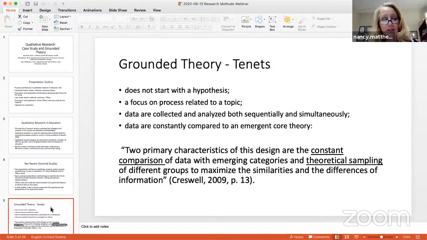Now, I wanted to point out two key points here, constant comparison and theoretical sampling, as you can see underlined there. As Creswell states, two primary characteristics of this design are constant comparison of data with emerging categories and theoretical sampling of different groups to maximize the similarities and the differences of information.